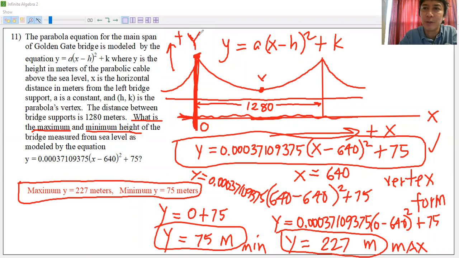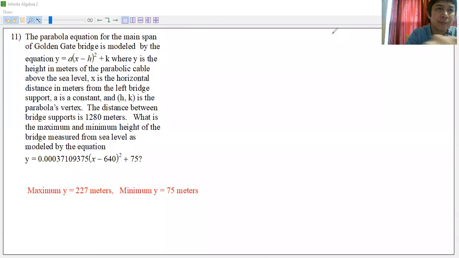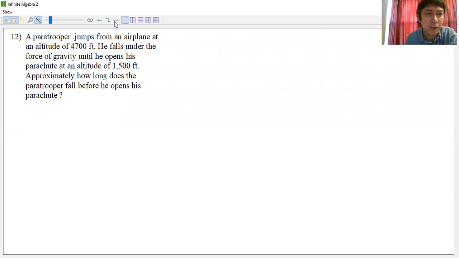Let's continue with number 12. A paratrooper jumps from an airplane at an altitude of 4,700 feet. That should be the initial height. We're back to motion problem. The initial height is 4,700 feet.